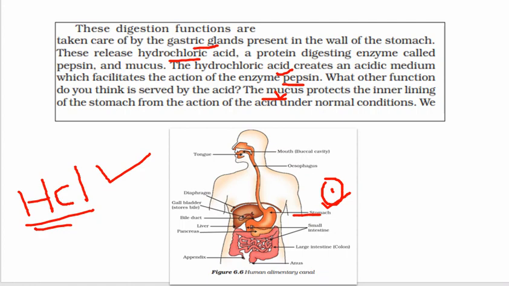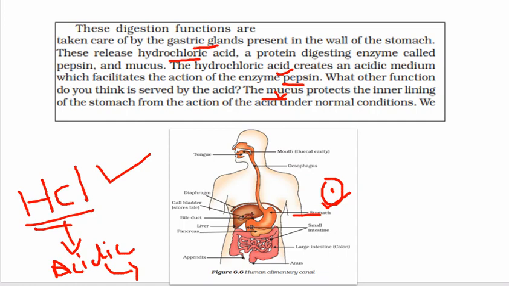And the hydrochloric acid creates an acidic medium, which facilitates the action of the enzyme pepsin. With the help of this the protein is digested.